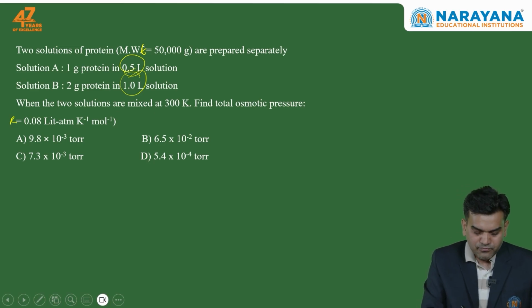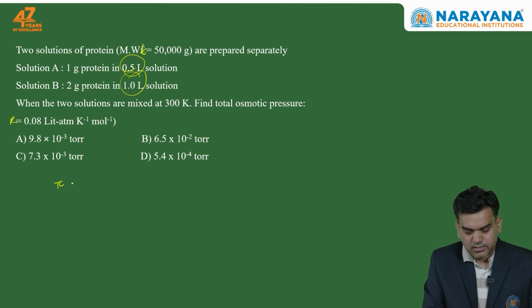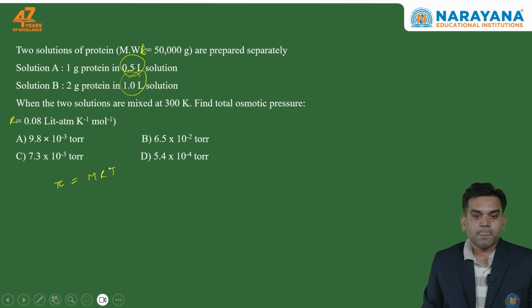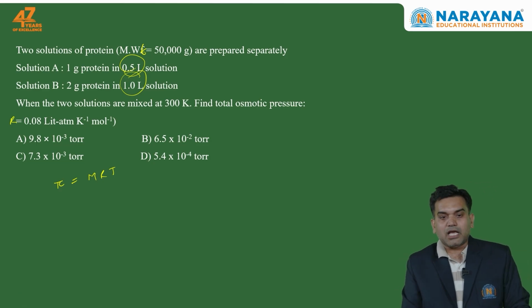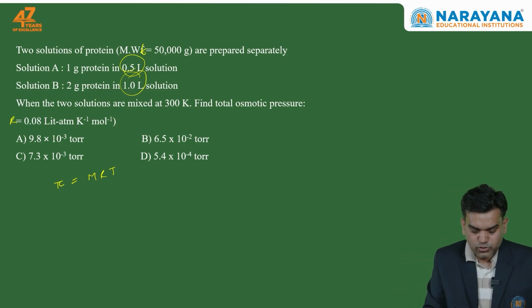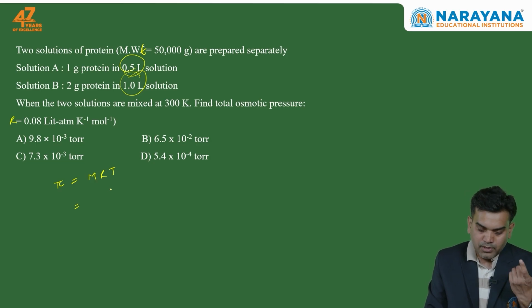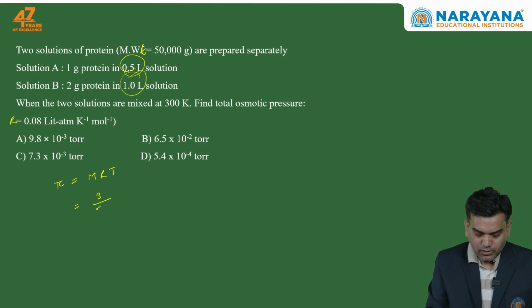So I can say this pi is equal to molarity into R into T. So I have to consider the molarity of the total solution. In the total solution, the number of moles of protein is 3 by 50,000.